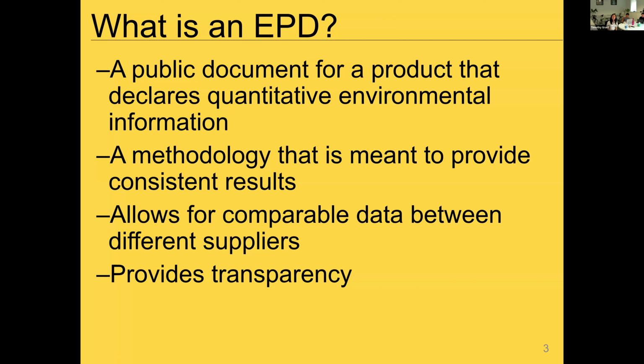And so all of this provides transparency to consumers about the environmental information of our shrimps and any other product. Most EPDs currently in Australia are actually on construction products. There's not many on food.